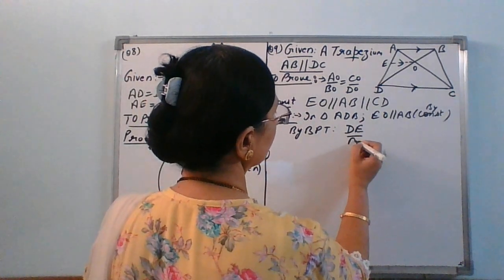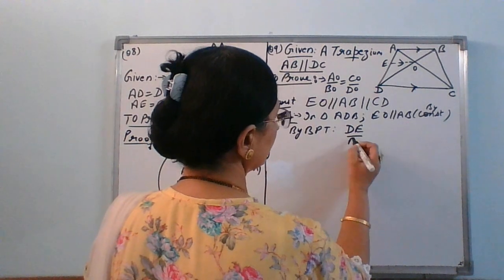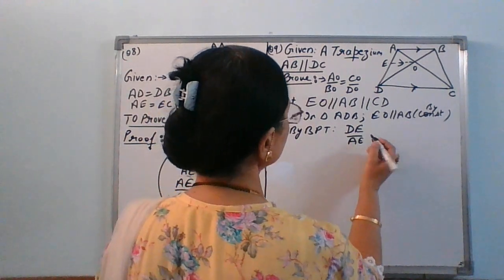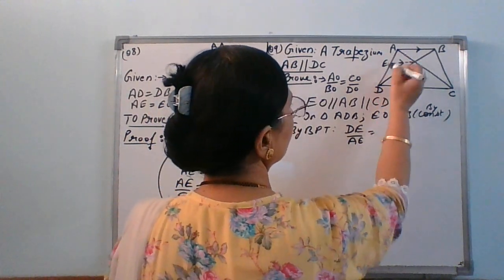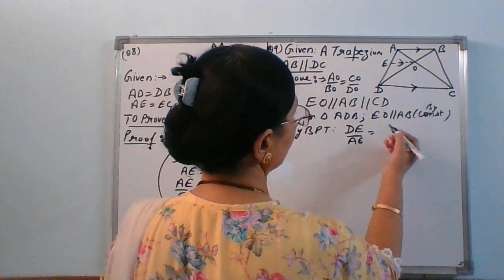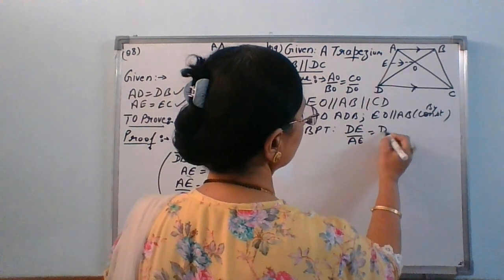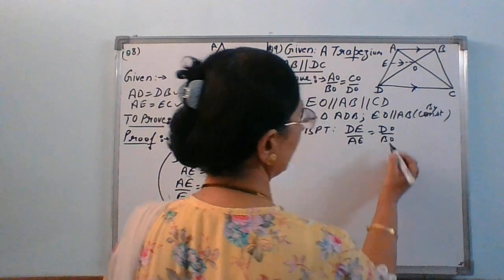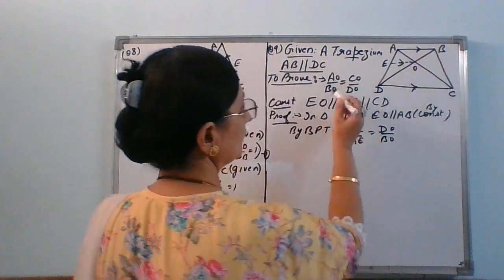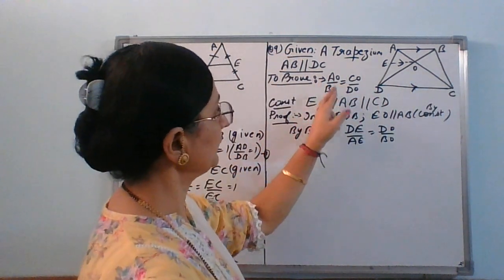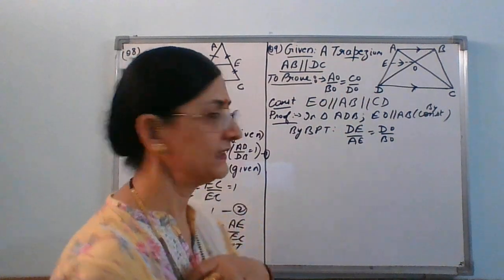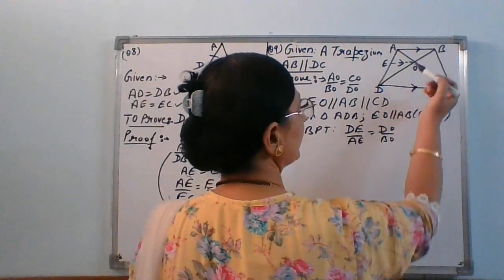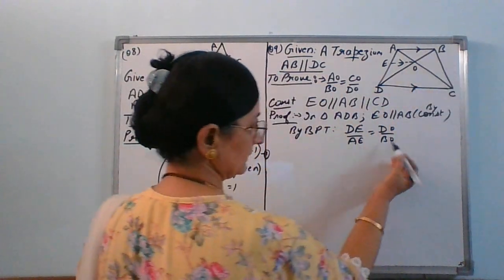DE upon AE, you can call it AE or EA, that means the same thing, will be equal to DO upon BO. I'm writing BO, not OB, because here all the sides are BO, AO, CO and DO. So DO upon BO, not DO upon OB.